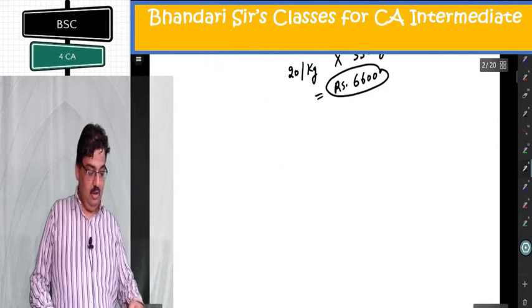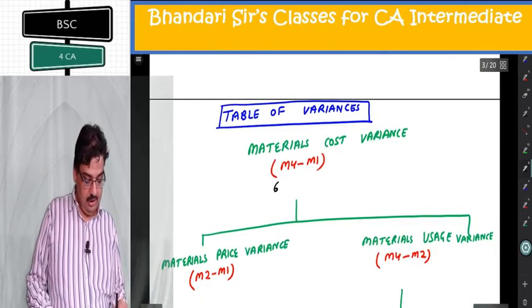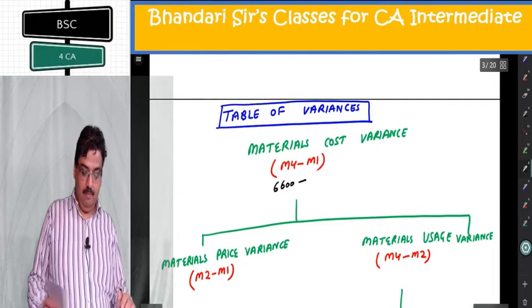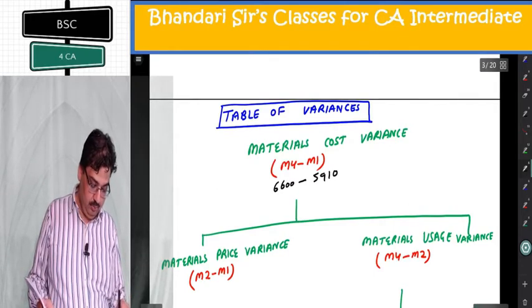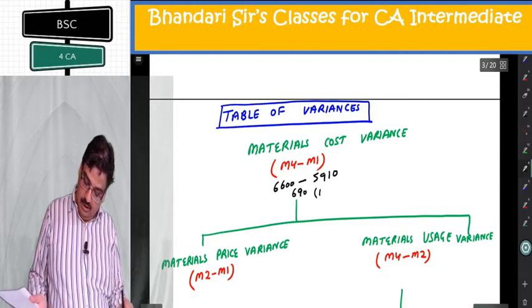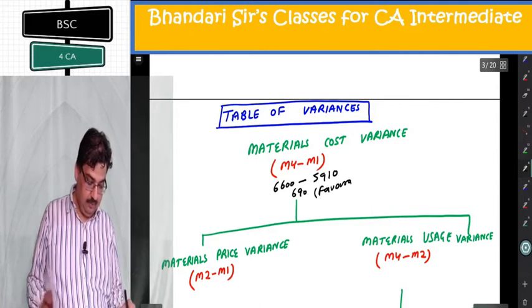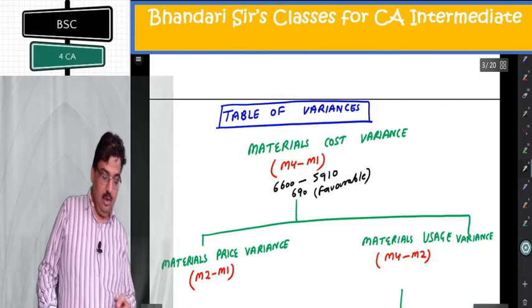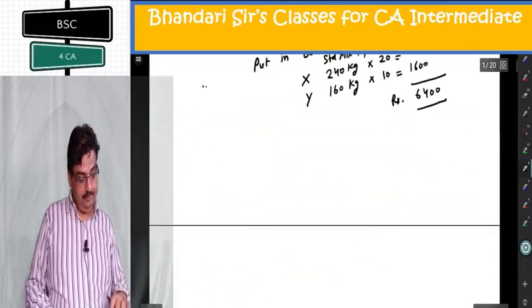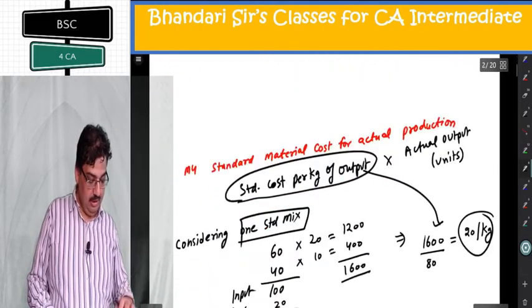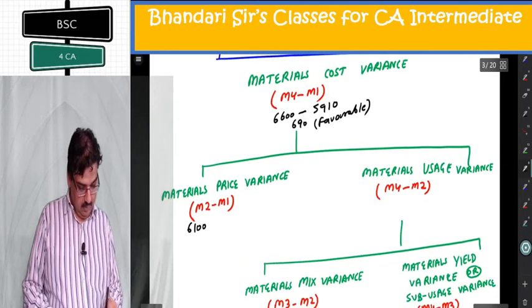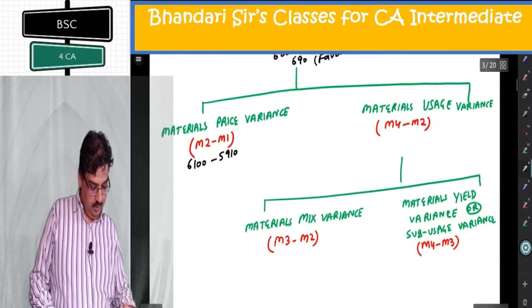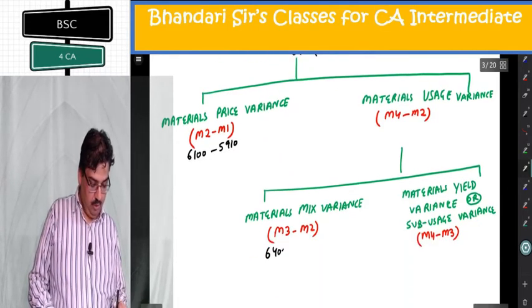Let us apply in the table of variances. 6600 minus 5910, 690 favorable. M2 we computed 6100. M3 was 6400.